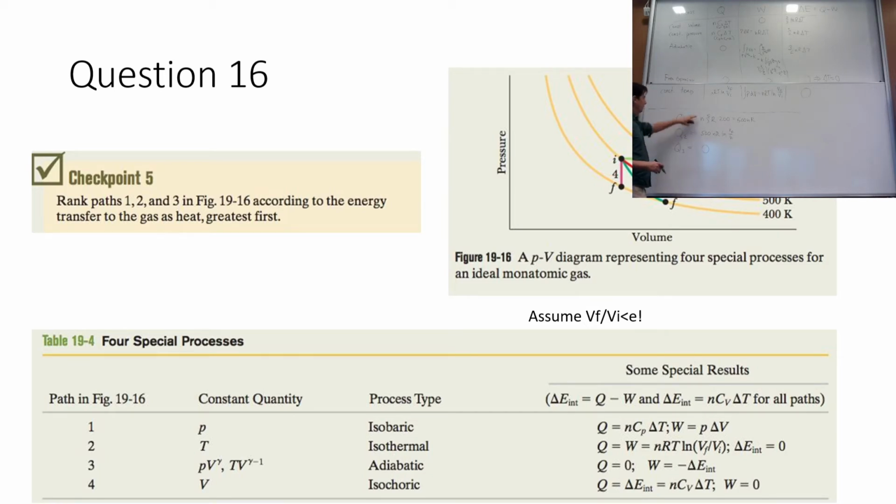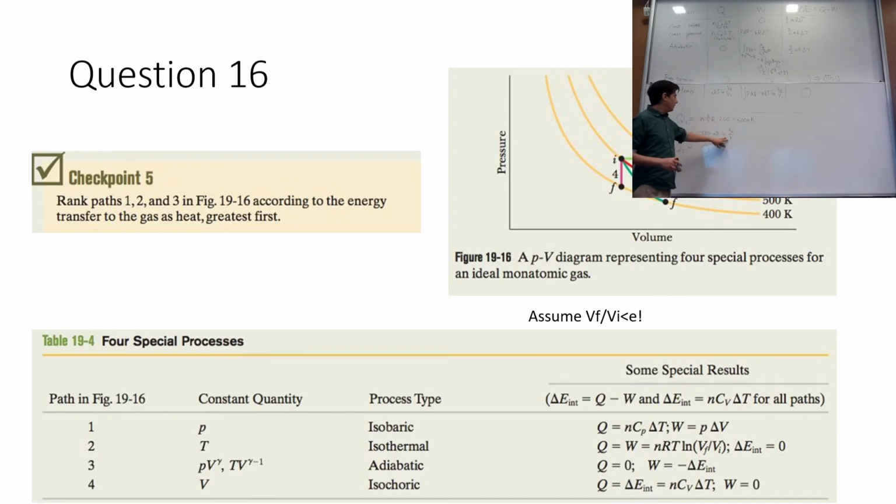Now certainly Q1 and Q2 are bigger than Q3, right? Okay, what about Q1 and Q2? Which is going to be bigger here? So basically, it's just obviously up to this log, right?